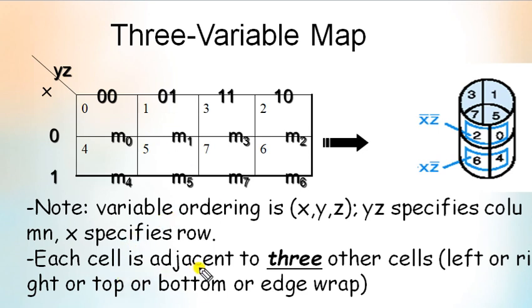Each cell is adjacent to 3 other cells, left or right, top or bottom, or edge wrap. And note that here we will write 0 0, then 0 1 and 1 1, then 1 0. This is not in the order of binary values, right? Just think why we are writing 11 before 10 here.